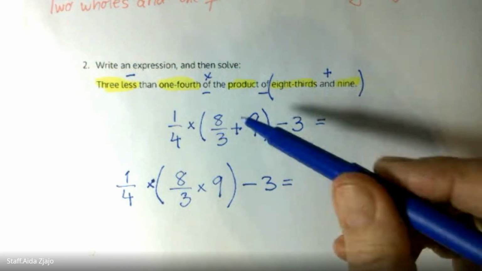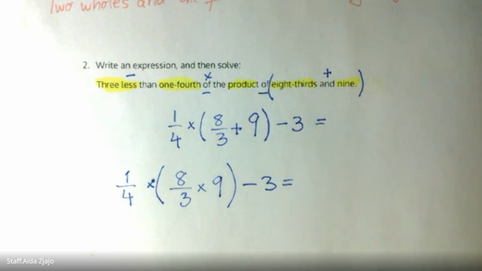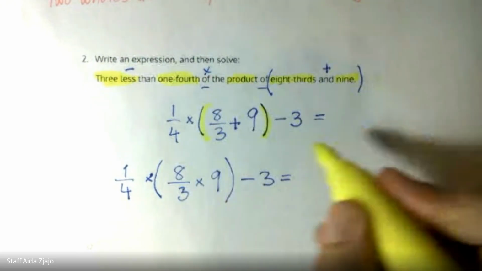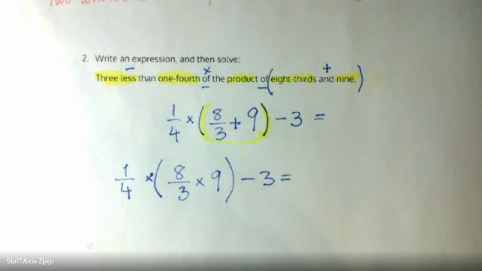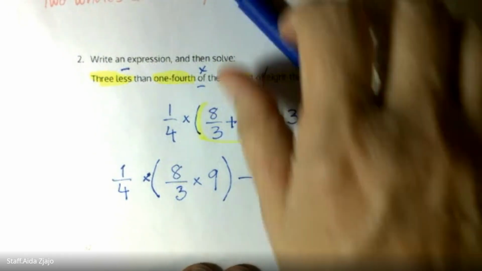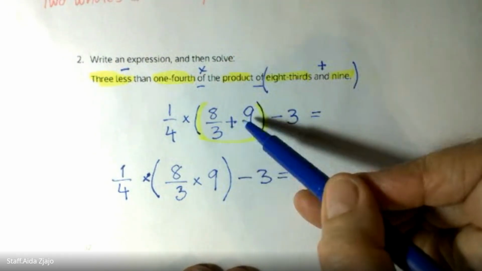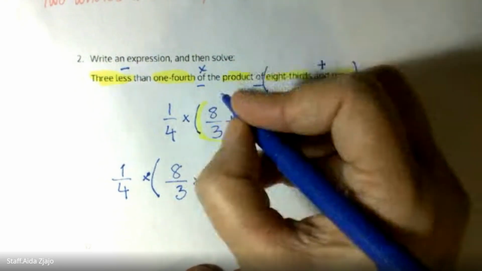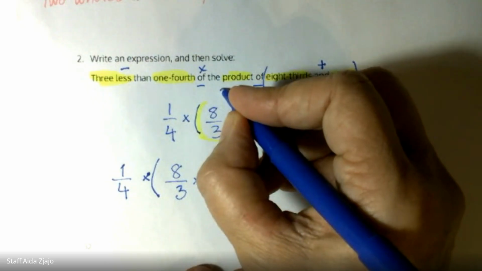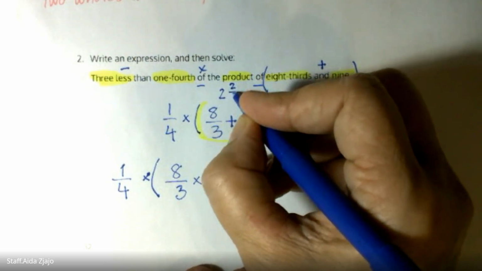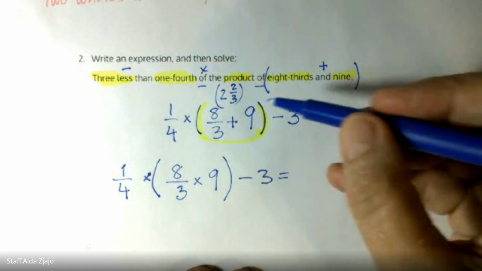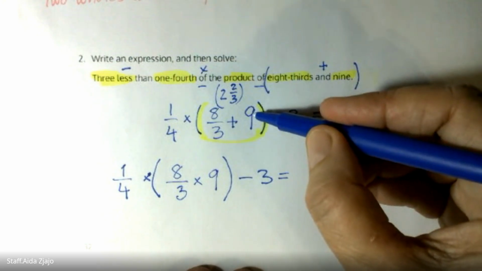Okay, the first order of operations is to do what is in parentheses. So if we have 8/3 and whole 9, this makes 2 wholes and 2/3. That is 8/3, plus 9.